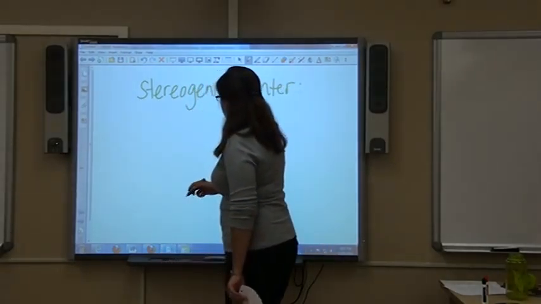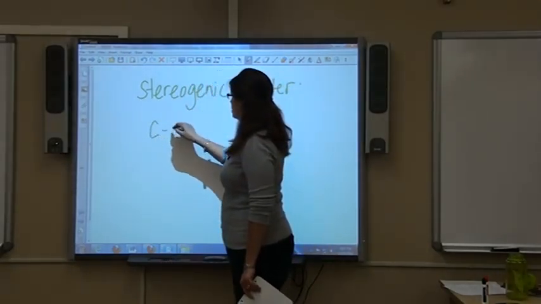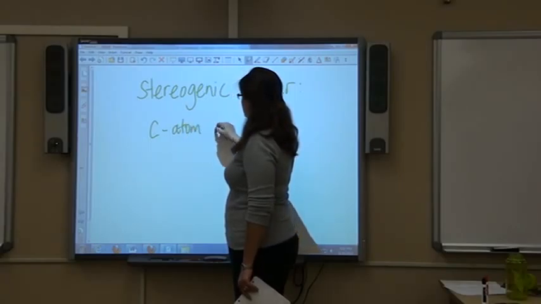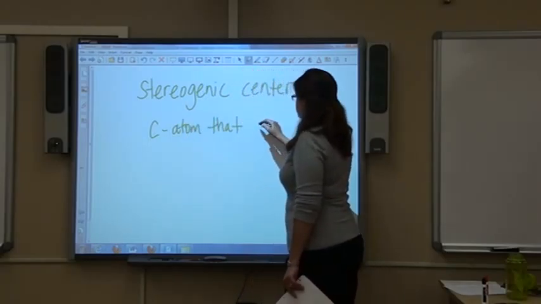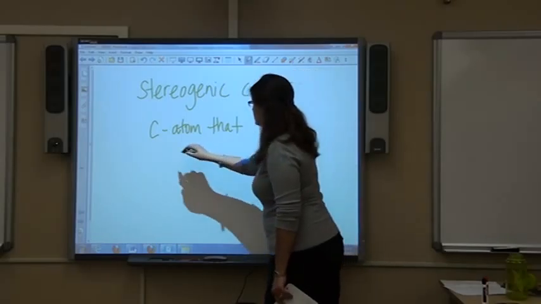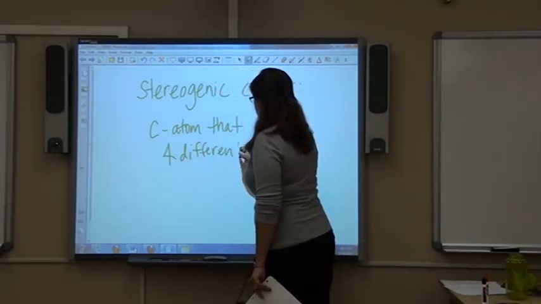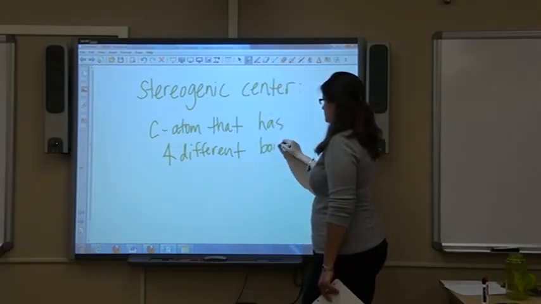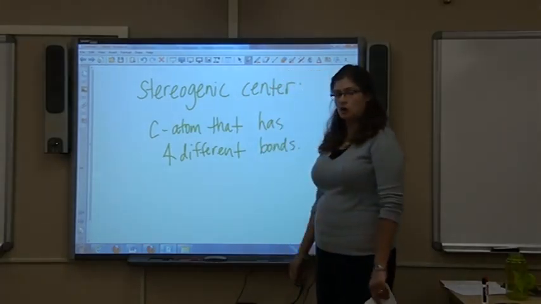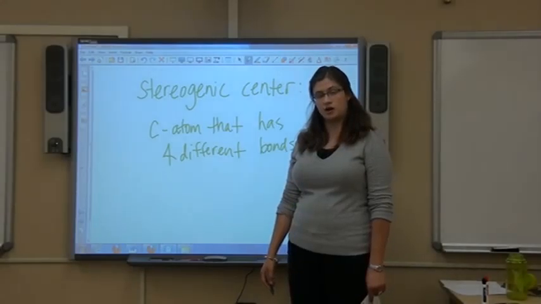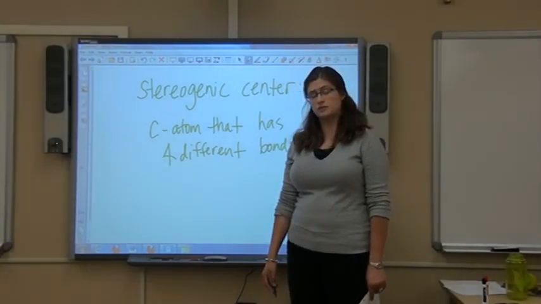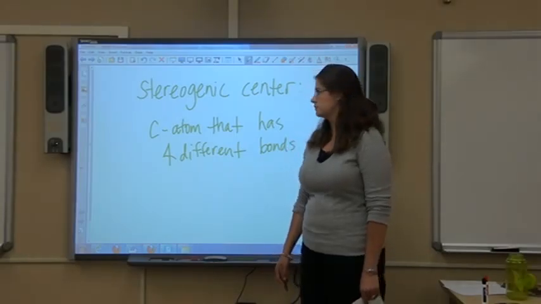The stereogenic center is the carbon atom that has 4 different bonds. They have to be completely different. If a carbon atom has only 3 bonds that are different and 2 of them are the same, that means that you do not have a stereogenic center.